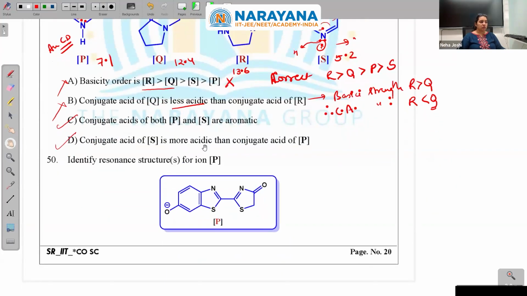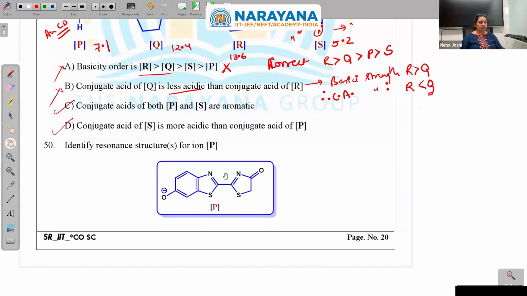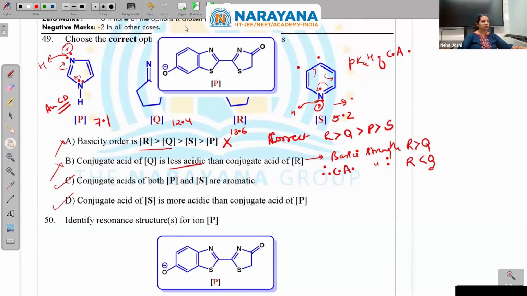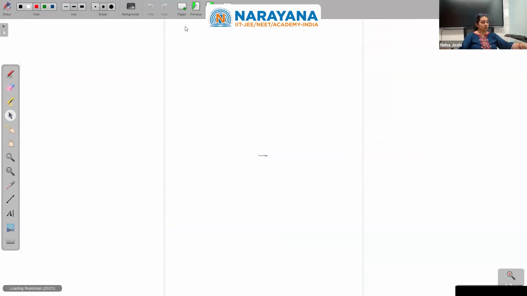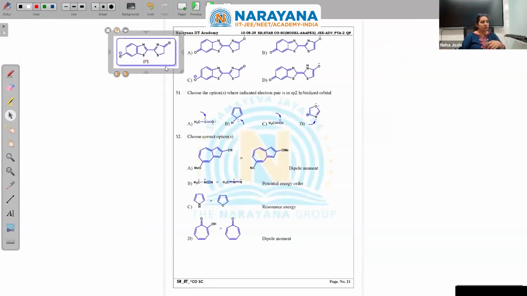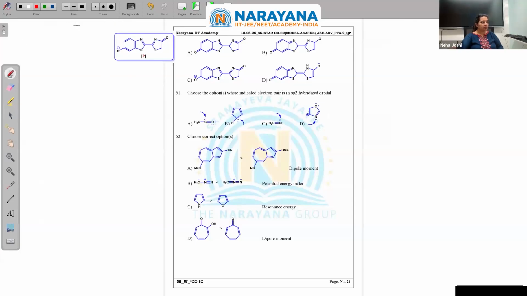Identify resonance structure for ion P. Okay, this is our ion and we have to identify the resonating structure of this ion. Let us take this to the next page, which is the resonating structure.